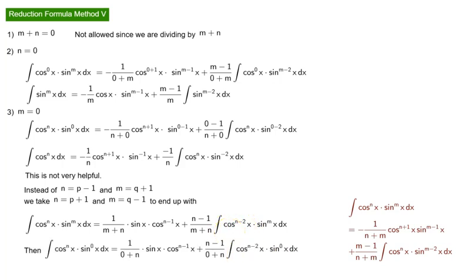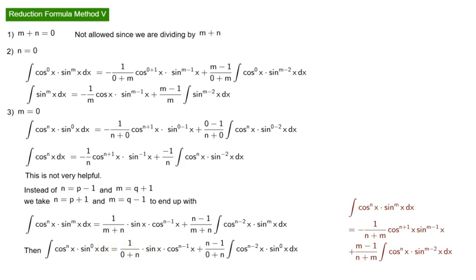Let's make m equal to 0. So we get integral of cos nx times sin 0 x dx is equal to 1 by 0 plus n times sin x times cos to the power of n minus 1 x plus n minus 1 by 0 plus n times the integral of cos to the power of n minus 2 x times sin 0 x dx. So sin disappears here.